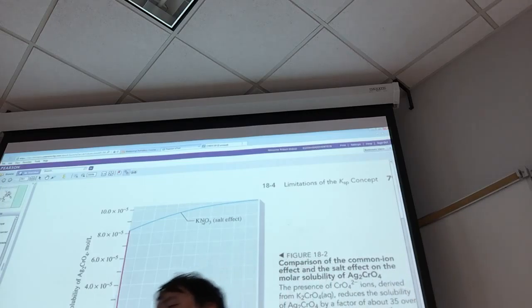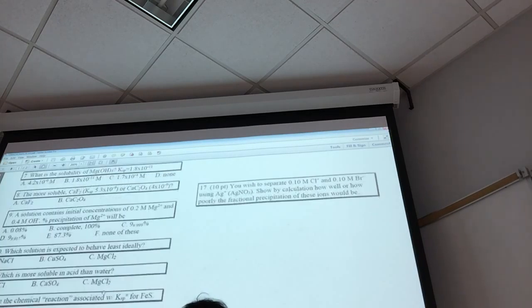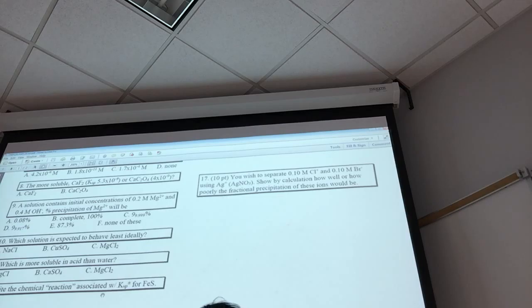So going back to this particular problem then, which one is expected to behave least ideally? Well, they don't tell us the concentration, so we'll assume the concentrations are the same. Copper sulfate is the correct answer.